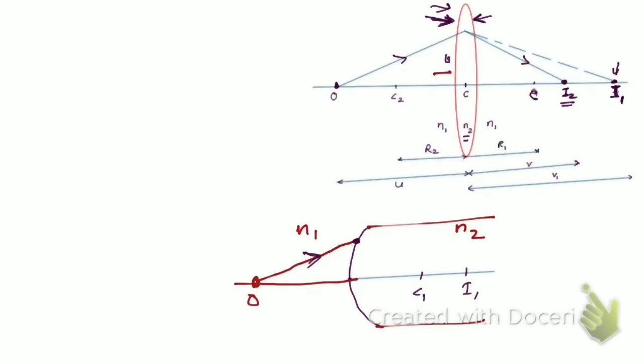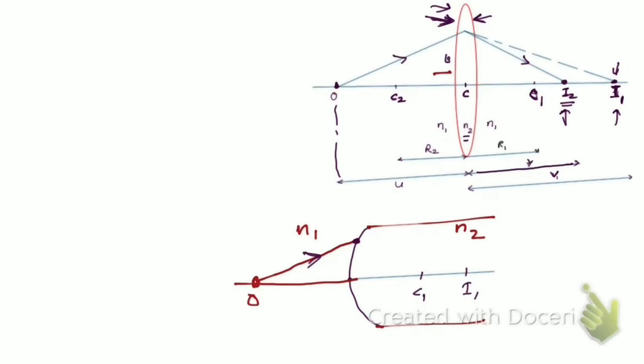So this is C1, this is C, the optical center, and this is C2. As this is the object, I have taken u as the object distance, and the image distance of I1 is v1, and the image distance of the final image I2 is v.